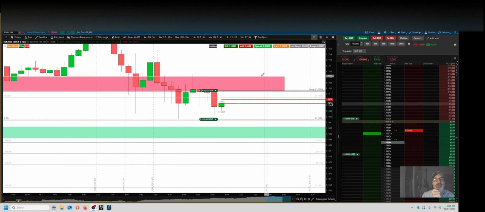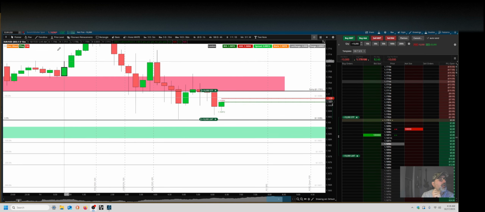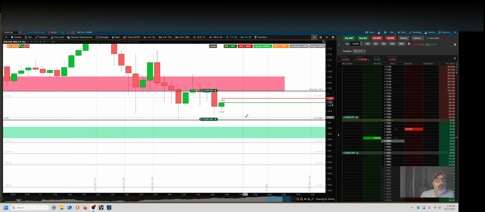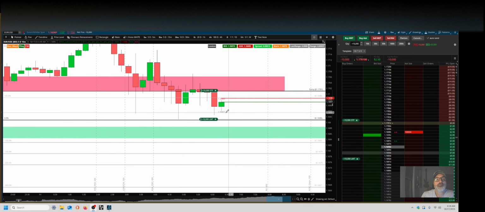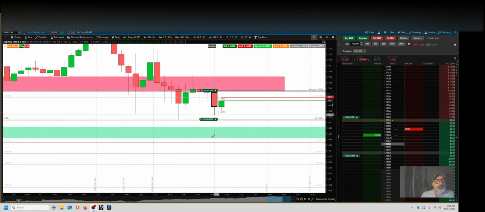So we're averaging about 1.3 on the spread, and that's kind of normal for the Euro USD. The spread is pretty wide now. All right, we'll let it go.